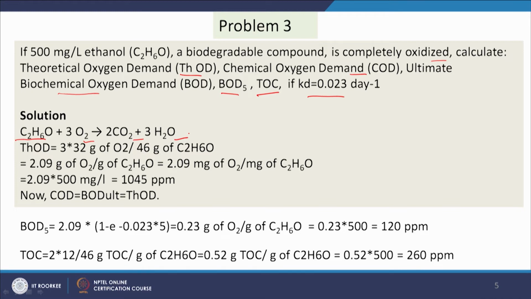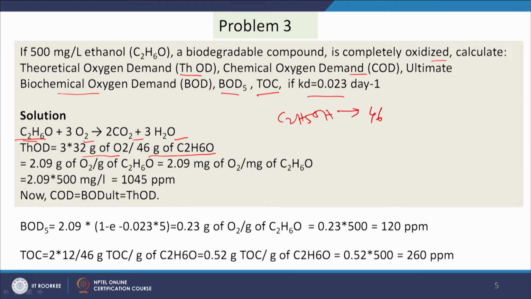For theoretical oxygen demand, we can assume that 100% conversion of this ethanol by the oxygen is possible. So, 1 mole ethanol requires 3 mole oxygen. So, 3 into 32 gram of oxygen per 46 gram of C2H5OH, because the molecular weight is 46.